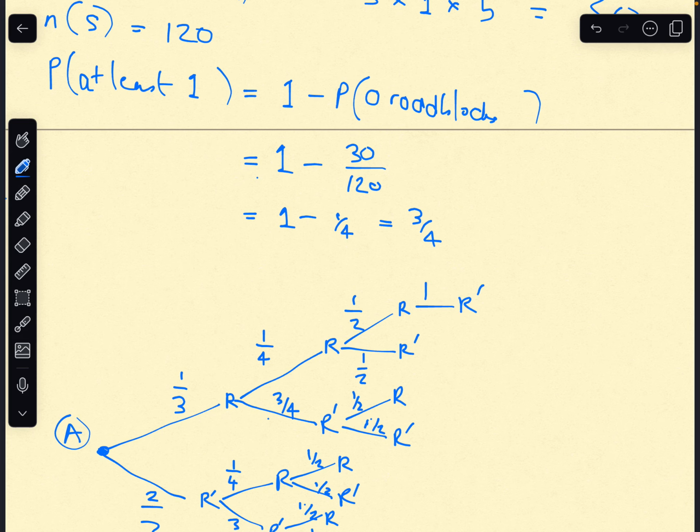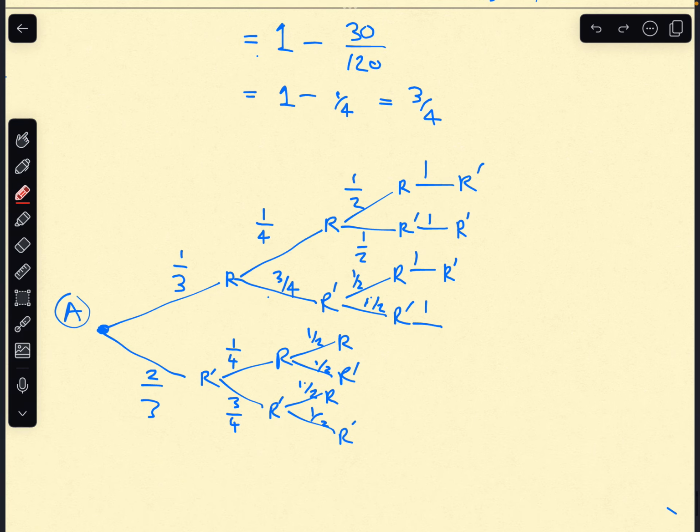So that's 1. That's also 1. Okay, last few.